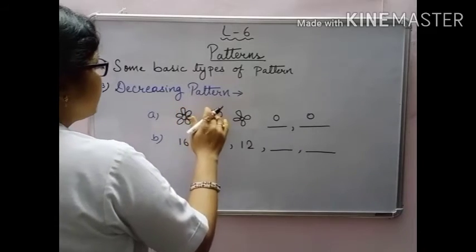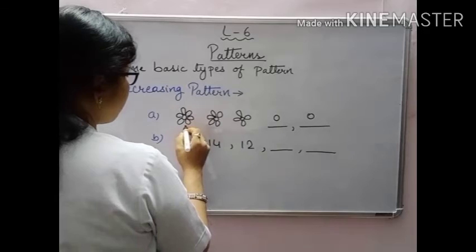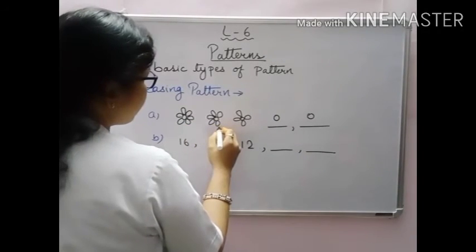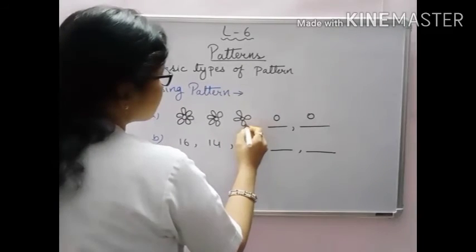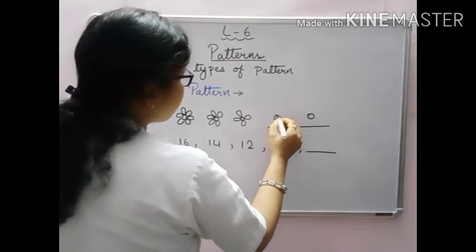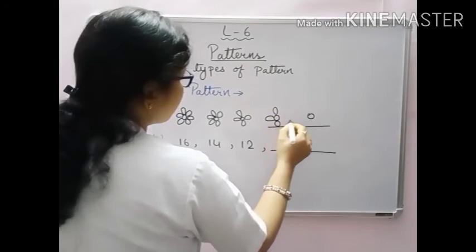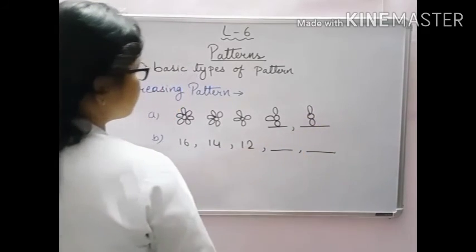Now, the next one is the decreasing pattern. Look, in this example, this flower has 6 petals. This flower has 5 petals. And this flower has 4 petals. So, next will be 3 petals. Now, in the next, there will be 2 petals.